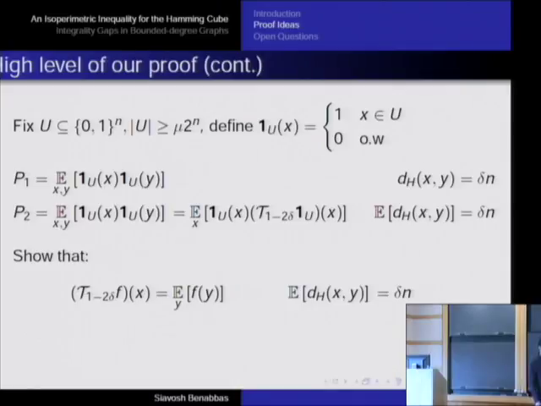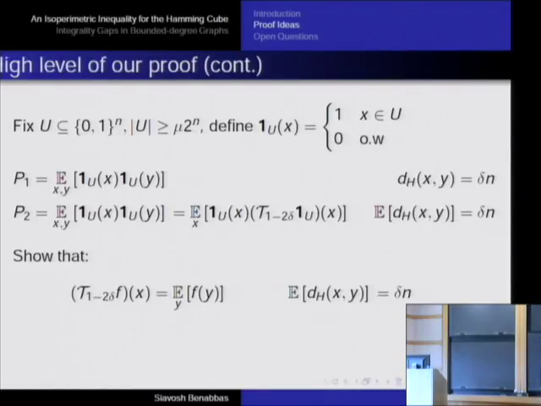So T of a function f at a point x is just the expectation of f of y, where y is chosen in a correlated way to the x, exactly like how y is chosen here, in a way where each coordinate agrees with x with a certain probability and differs with a certain probability.